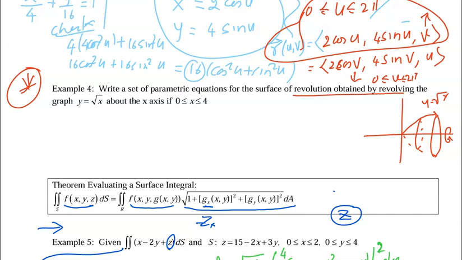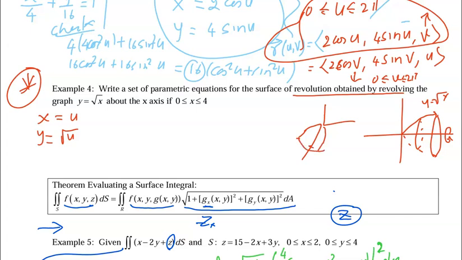So here your x is just going to be u, and then your y is going to be square root of u, but remember that it's going to rotate about the x-axis, right? So it's going to look like this, and it goes up to 4.